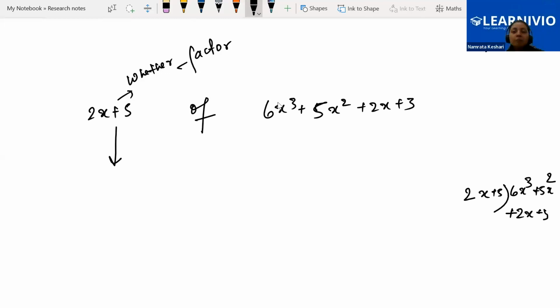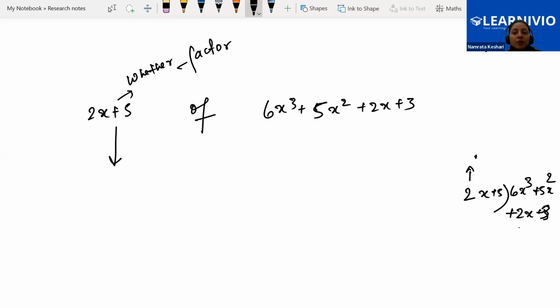But there is a magical theorem, rather than putting in that much effort, which says to find the zero of the divisor.